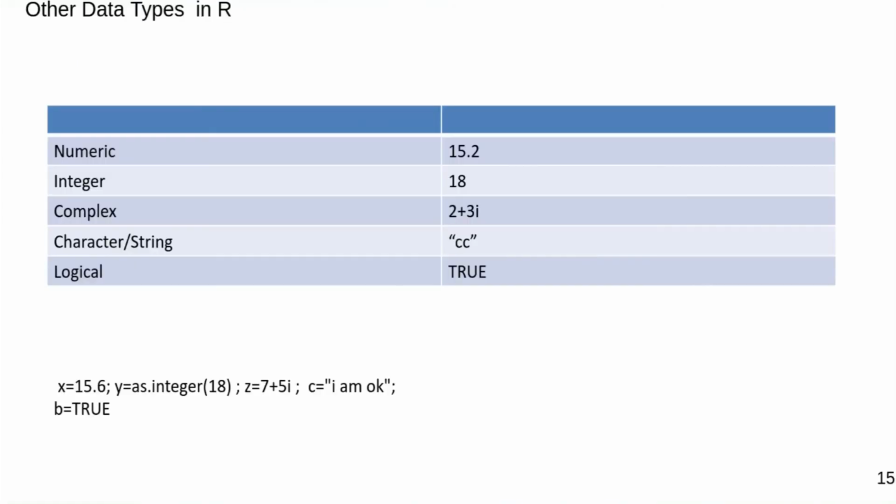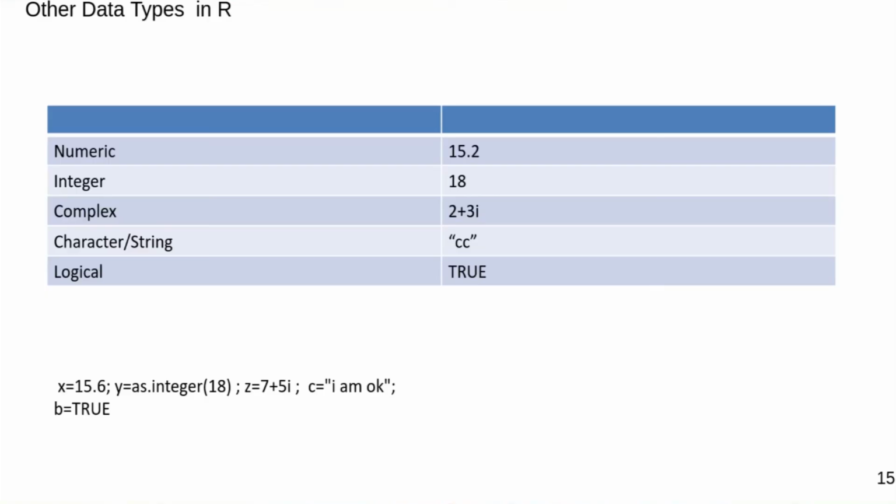Now they are okay. This is just for information, nothing to do right now about stats, because at a basic level we will not deal with complex numbers. However, R also has other data types called integer, complex, logical, and numeric, which we have discussed, and string.